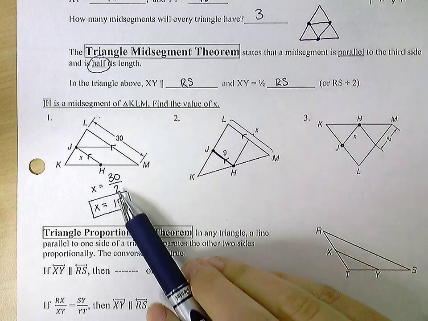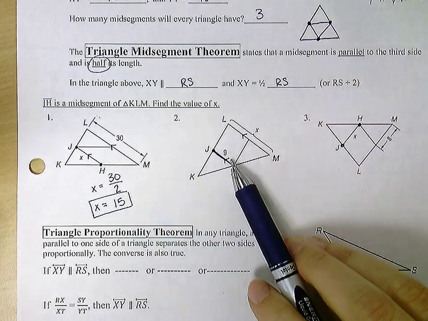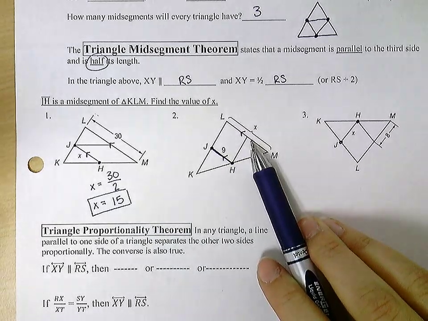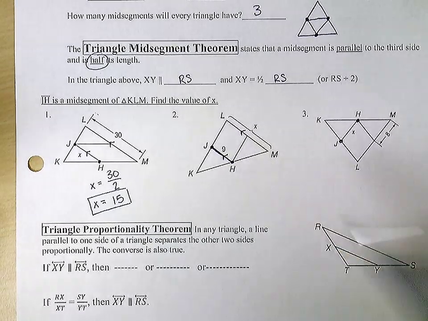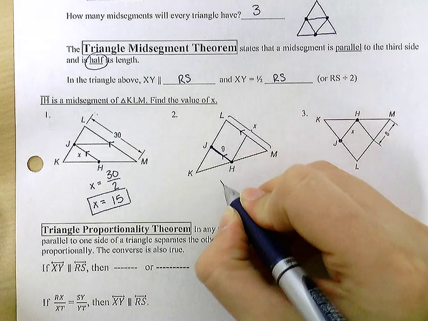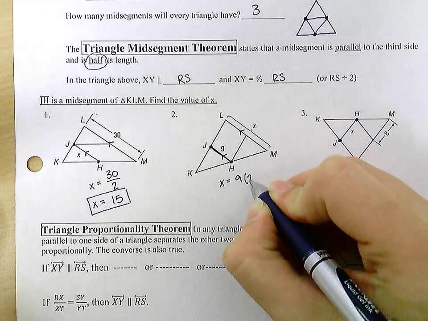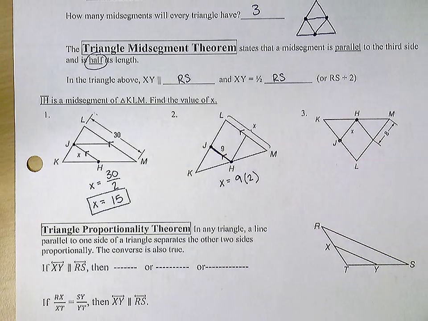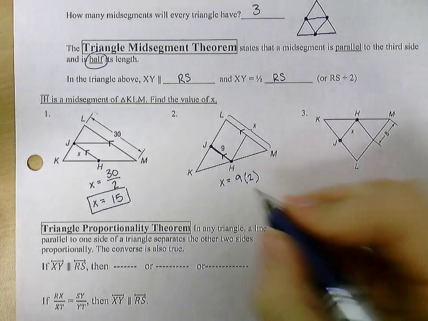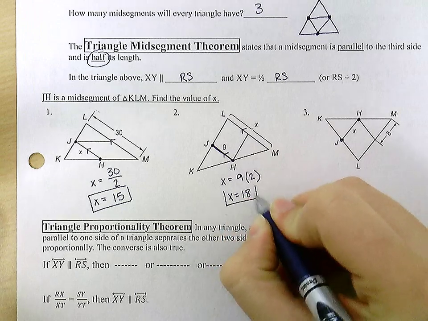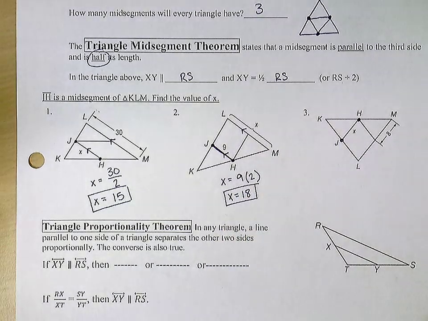So instead of dividing by 2, because that would give me the mid-segment, what should I do to find that total length? Times by 2. So to get X, we'll take 9 times 2. And LM, or X, would be equal to 18.